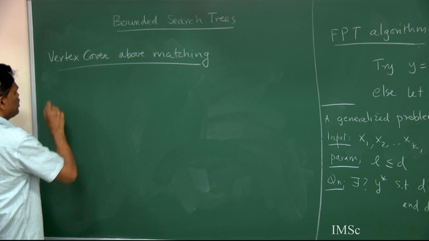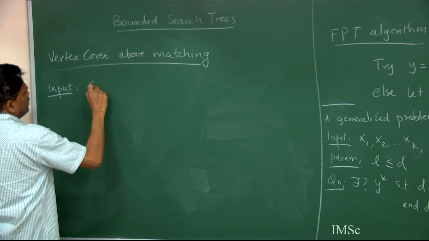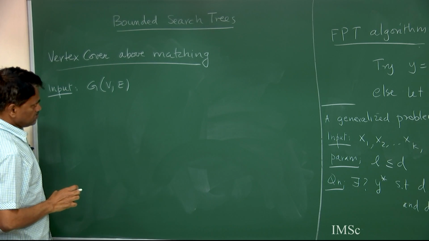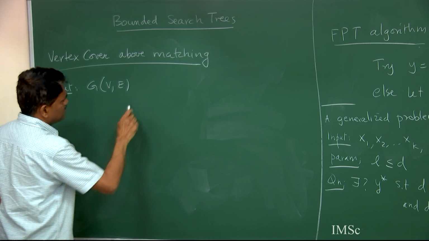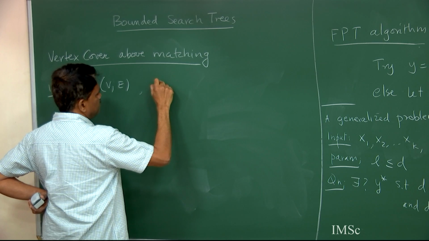So, what is the problem? You are given an undirected graph. I said perfect matching, but this works even for maximum matching, and you are given a matching M.